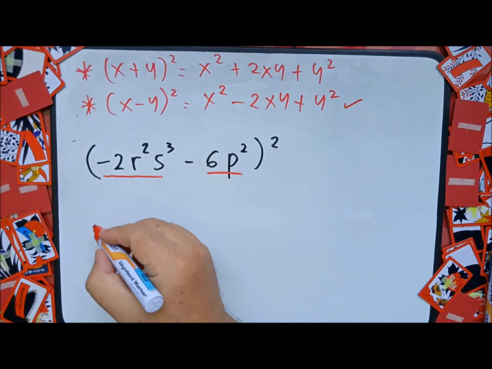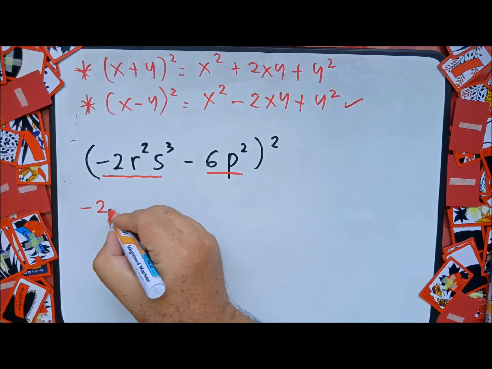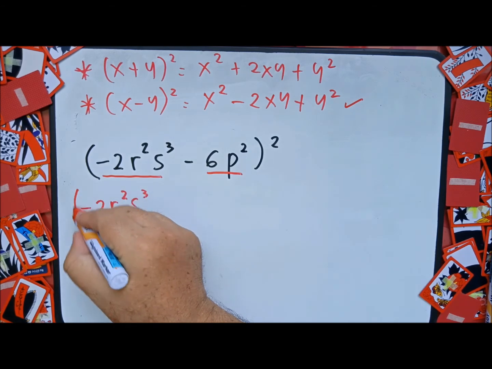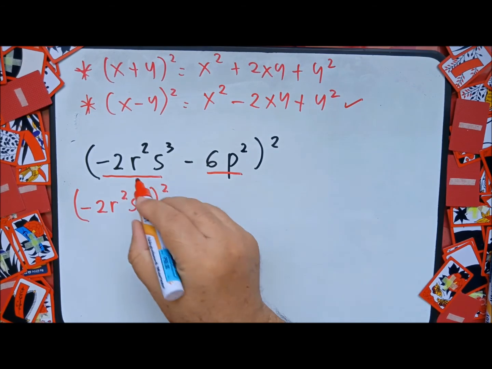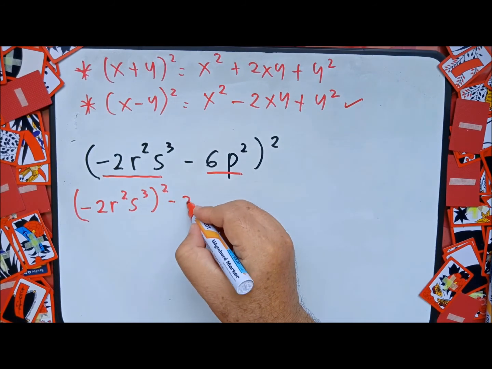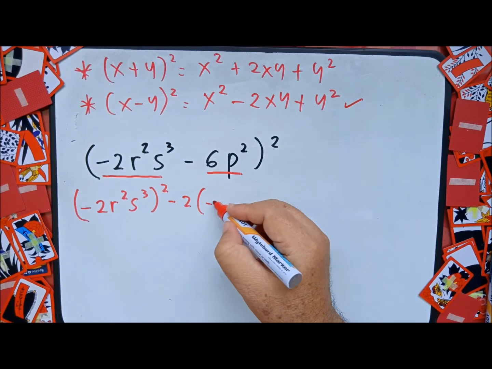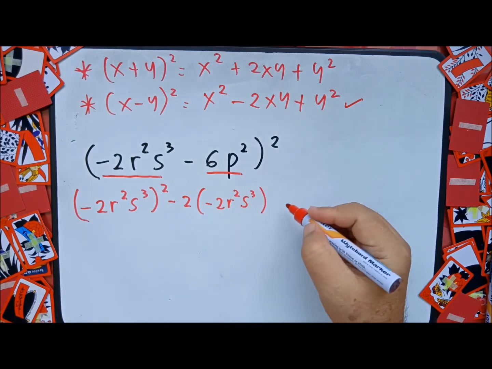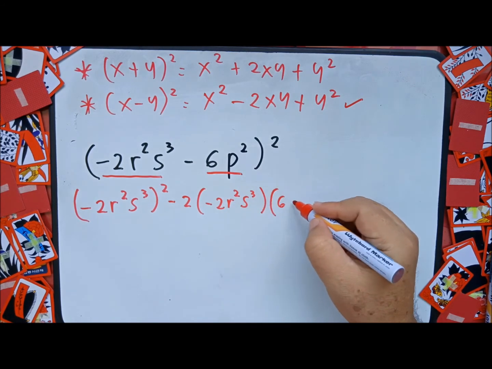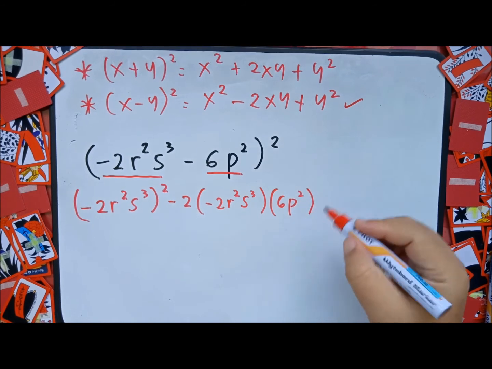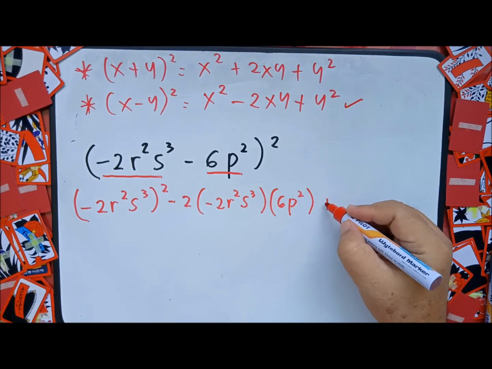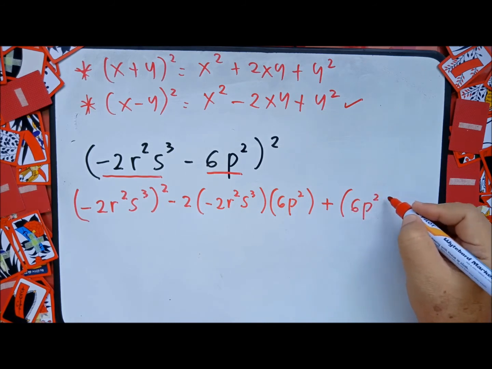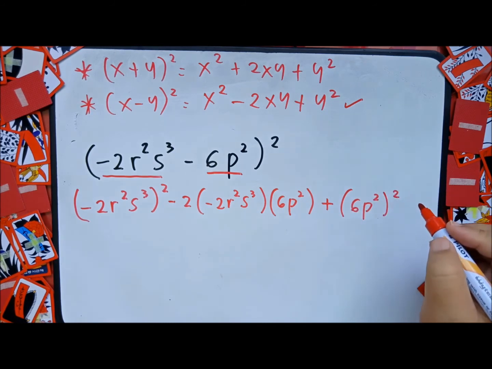So, pattern? (Negative 2 r squared s cubed) squared. Okay, x squared minus 2. What is your x? Negative 2 r squared s cubed. What is your y? 6 p squared. And what is your y squared? Plus (6 p squared) squared.